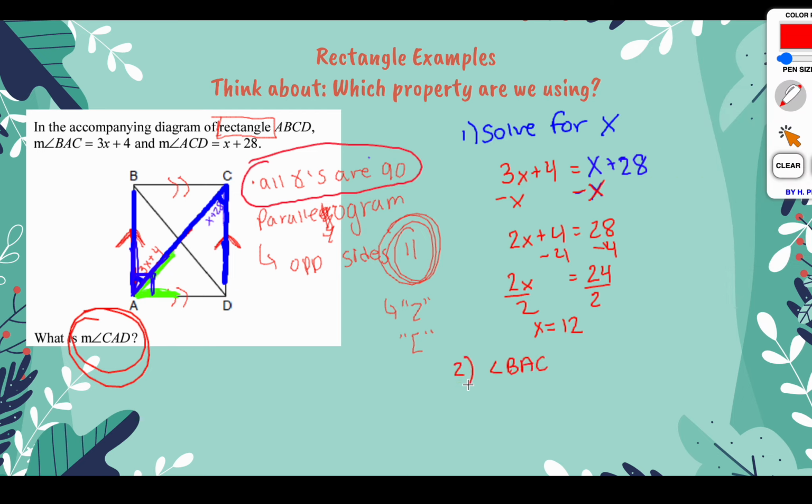BAC is 3x plus 4, and x is 12, so 3 times 12 plus 4 gives me 40 degrees. I'll fill that in. Remember, together this angle and this angle need to equal 90 because we have a rectangle. If we didn't have a rectangle, we would not be able to use this property. So knowing that it's a rectangle is huge.